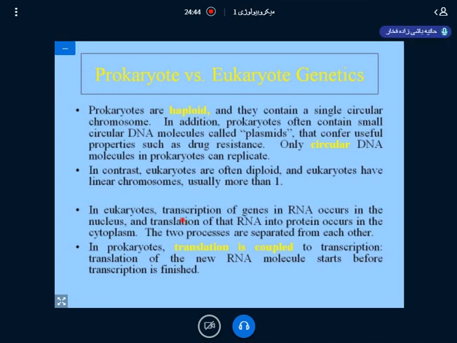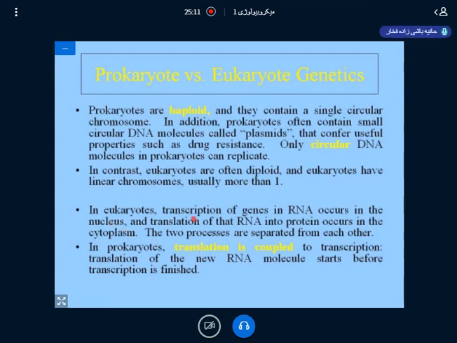In eukaryote, transcription of gene into RNA occurs in the nucleus. Yes, you know. And translation of RNA to protein occurs in cytoplasm, because eukaryote have nucleus.